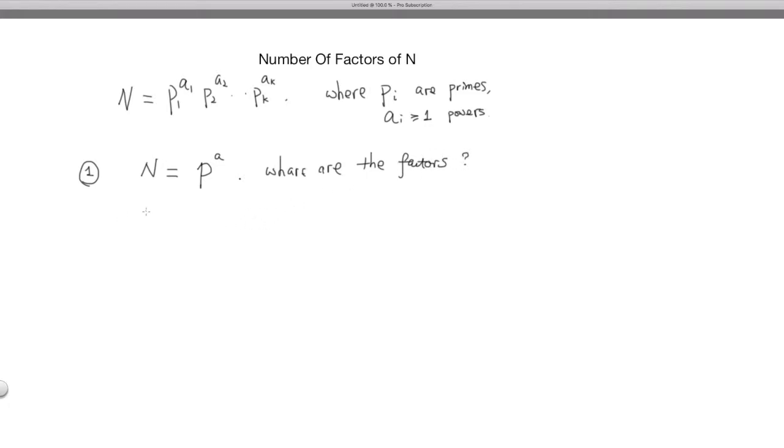Okay, for this, it's actually pretty easy to list all the factors. The factors are going to be 1, p is a factor, p squared is a factor, p to the power a is a factor. So in total how many factors are there? It's a plus 1 factors.